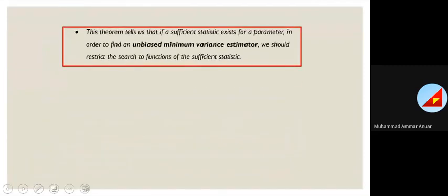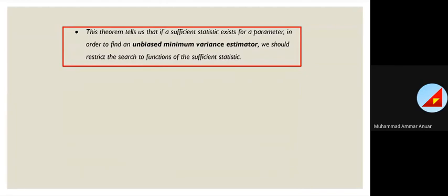This theorem, Rao-Blackwell, tells us that if a sufficient statistic exists for a parameter, then in order to find the unbiased minimum variance estimator, we should restrict the search to functions of the sufficient statistic. That means if we have the PDF or probability mass function, first we find the sufficient statistic.